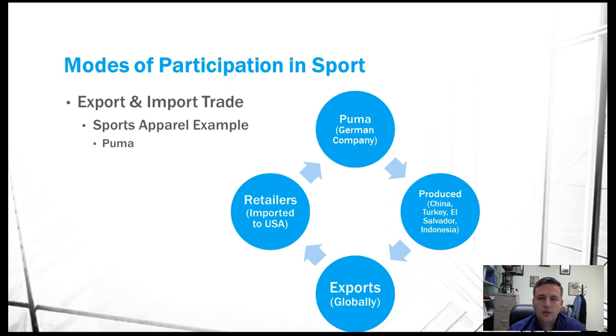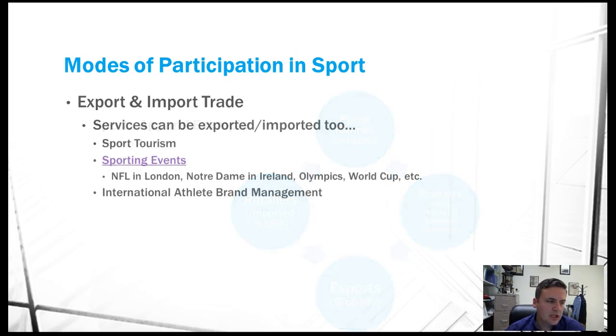So the product produced in China is imported into the United States, and that then produces the revenue for Puma, which sends the money back to Germany. So you go from the headquarters where it's designed, to where it's produced, then exported globally, maybe into the United States as an import. The retailers sell it, and then the money goes back to Puma. You've got a cyclical relationship when we're talking about importing and exporting.